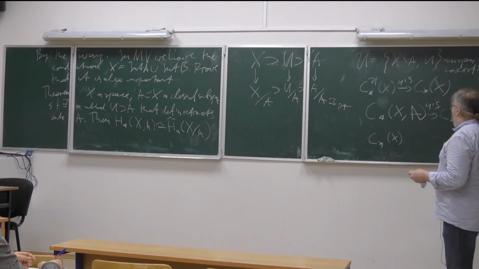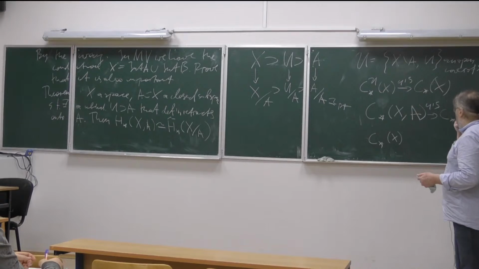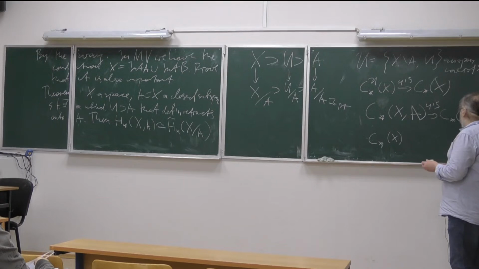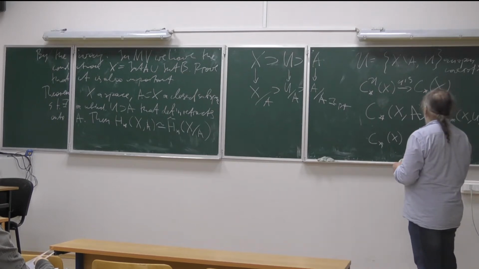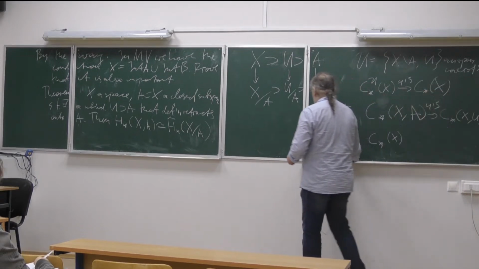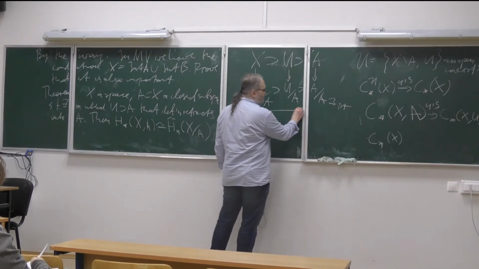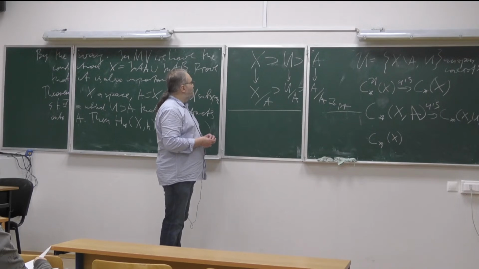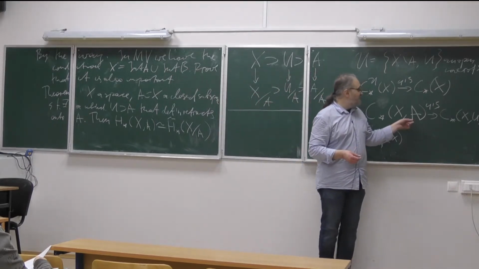So we have a quasi-isomorphism which is basically given by the inclusion. Now, okay, let's think.